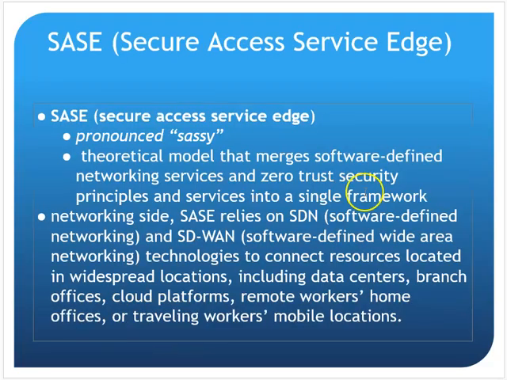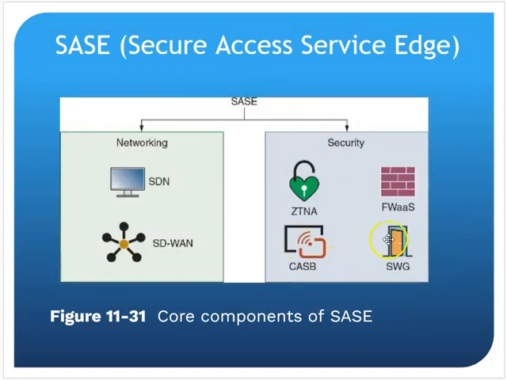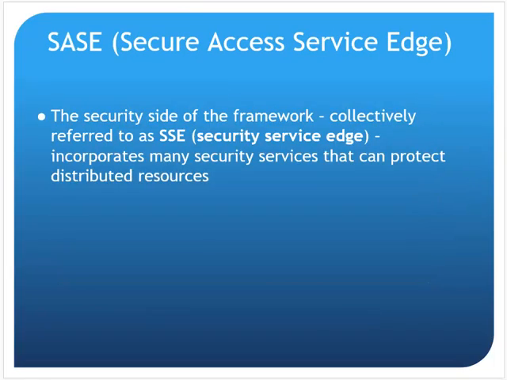And one of the last things they mentioned for us is SASE, Secure Access Service Edge. It's a theoretical model that merges software-defined networking services and zero trust security into a single framework. So all core components now, with our networking and our security, it's like merging those two.